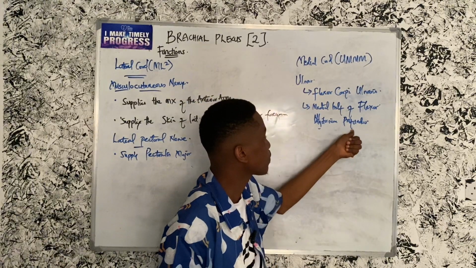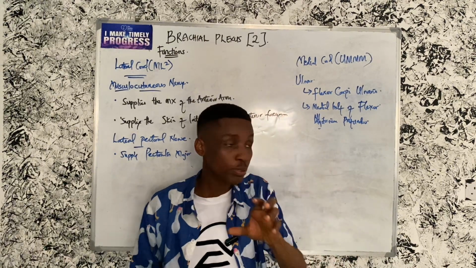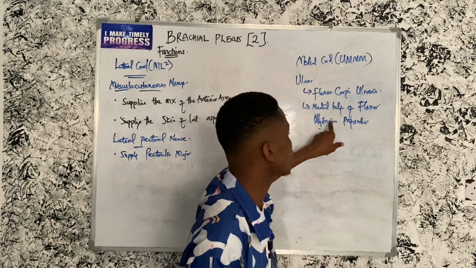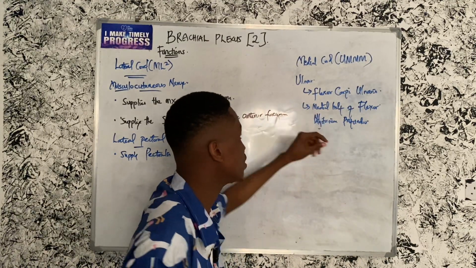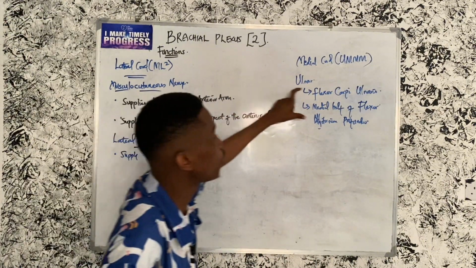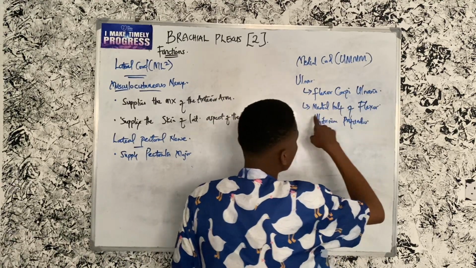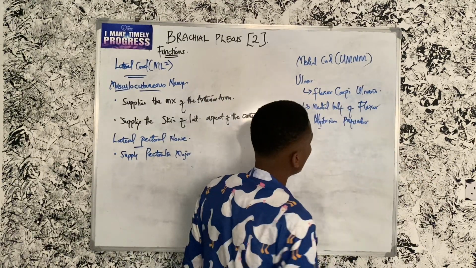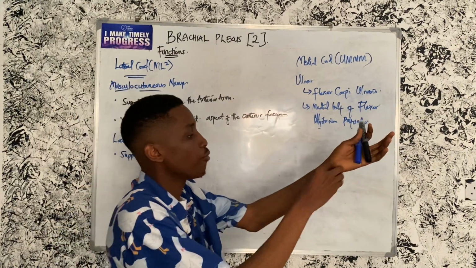And when you hear the word profundus or profundi, it talks about deep. So this is the deep flexor of the digits. So who supplies the medial half of the deep flexor of the digits? Ulnar nerve. Those are the two muscle supplies, that is motor supply, it has. It will supply the flexor carpi ulnaris and the medial half of flexor digitorum profundus, in the anterior forearm.